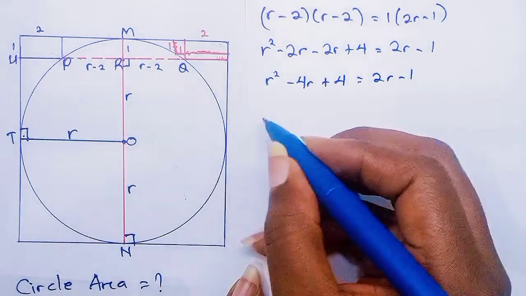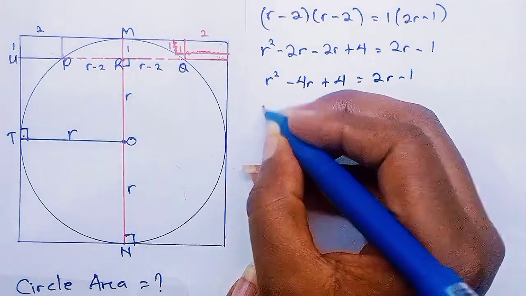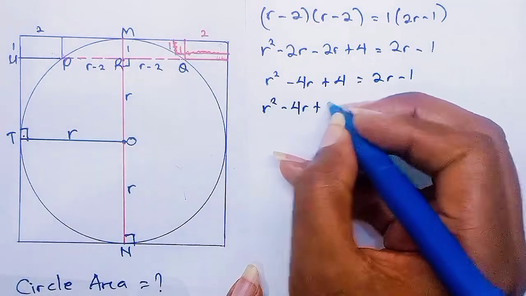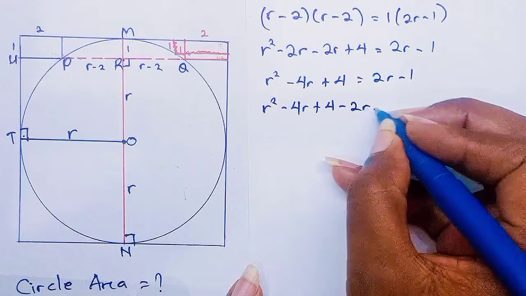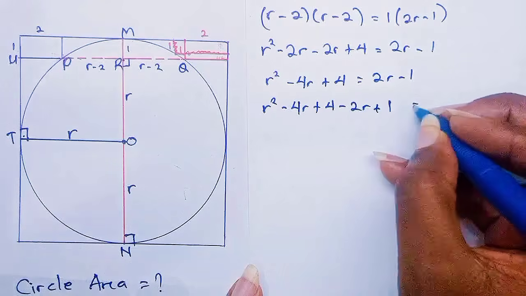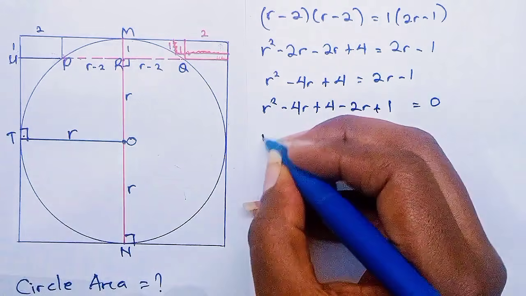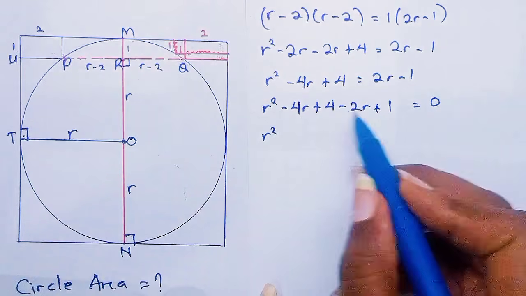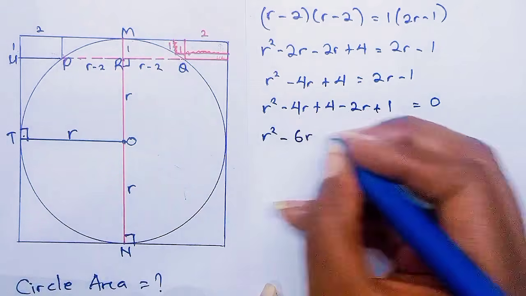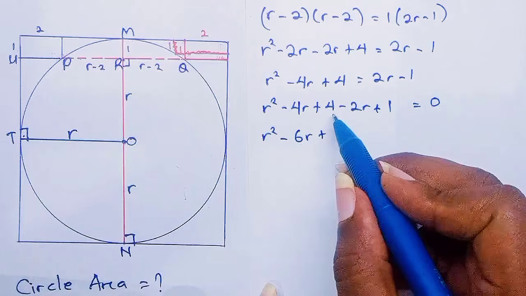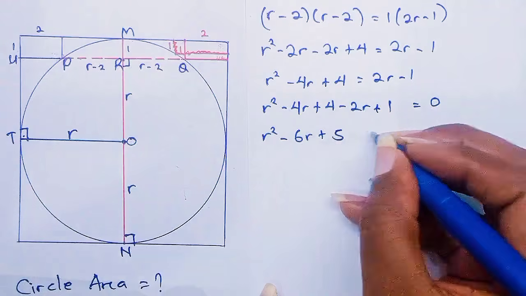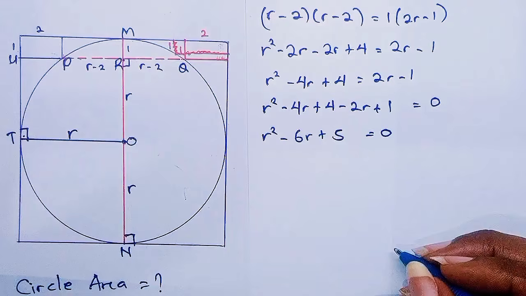So we bring all this on this side. We have R squared minus 4R plus 4 minus 2R plus 1 is equal to 0. So we have R squared minus 4R minus 2R gives us minus 6R, plus 4 plus 1 gives us plus 5. This is equal to 0.